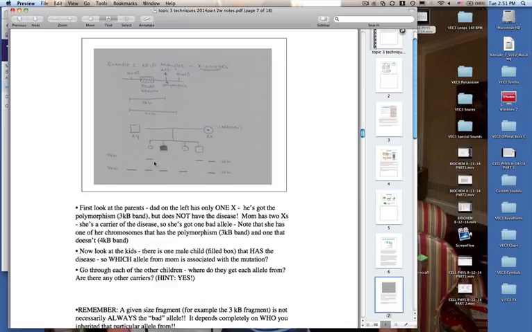And this comes from dad, right? So what does that mean about dad's 3 kb fragment? It's okay, right. So what does that mean? 3 kb does not equal bad, right? 3 kb just means 3 kb, just means you got the polymorphism. Doesn't mean it's bad, right? It has to be linked to an individual, right?